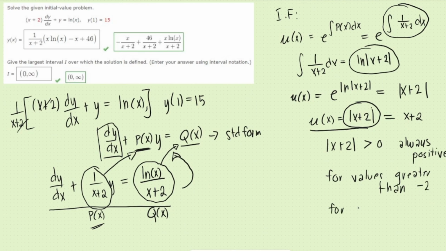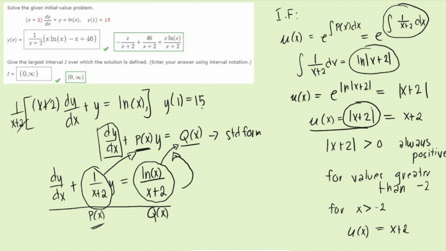So for x greater than negative 2, mu of x is just x plus 2. So we use x plus 2 here.